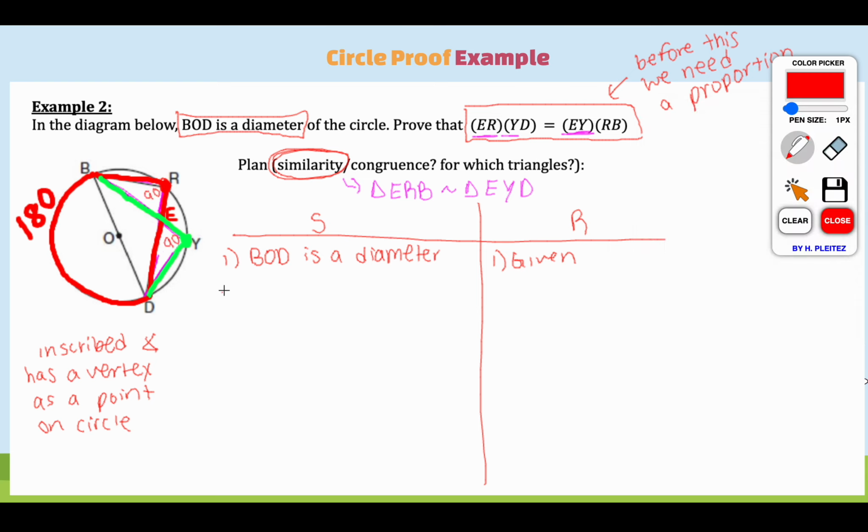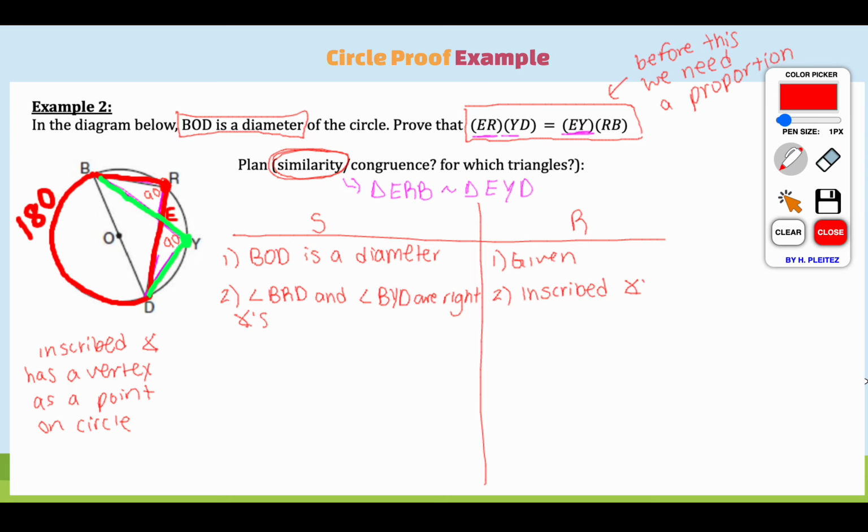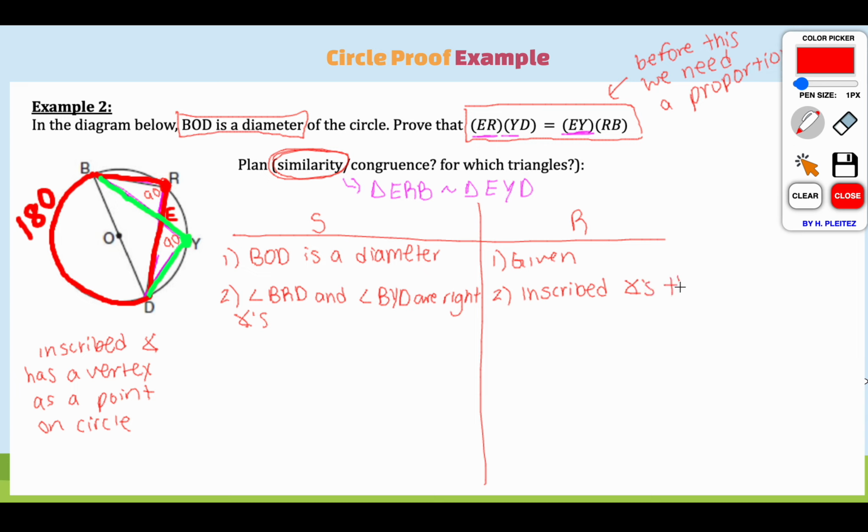Your reasoning here could be worded a couple of different ways. I'm just going to word it in terms of the theorem. So we're going to say inscribed angles that intercept a semicircle are 90 degrees, okay?